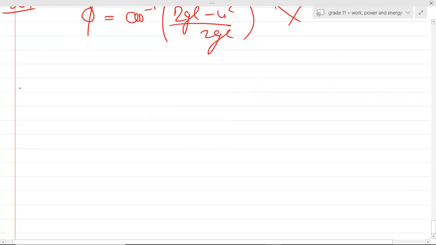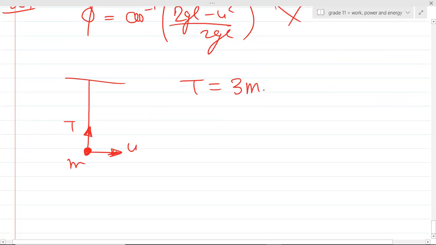Just draw the diagram. And what did they say? At the bottommost position, let's say the bob is moving with a velocity u, and let's say the tension in the string is T. They said the tension is 3 times the weight. So tension is upward, mg is downward.